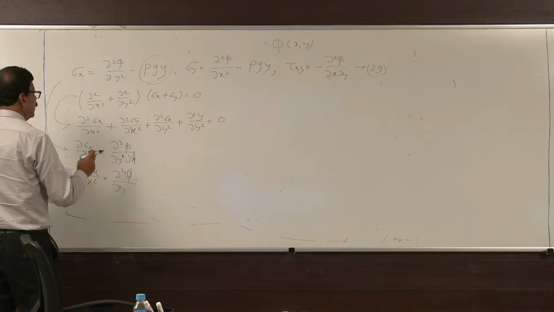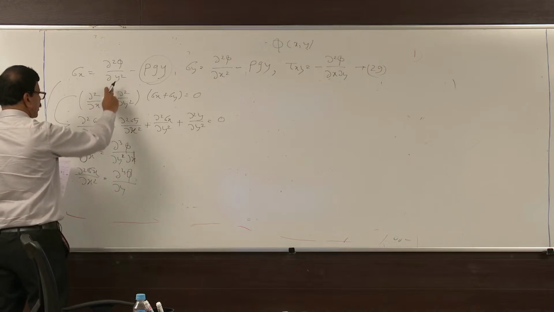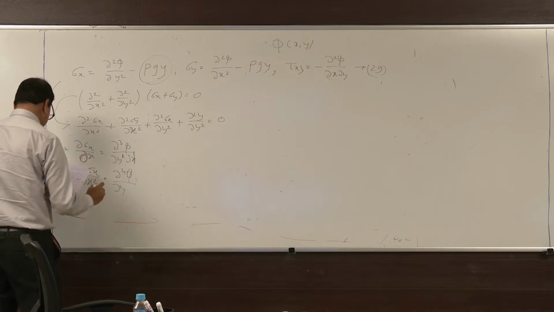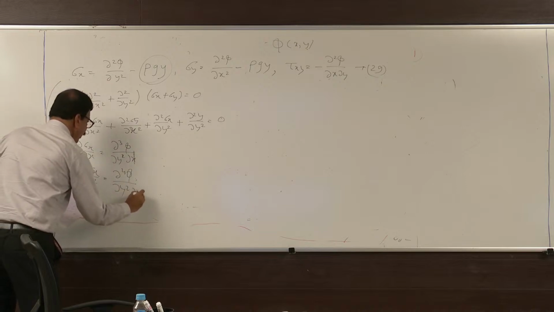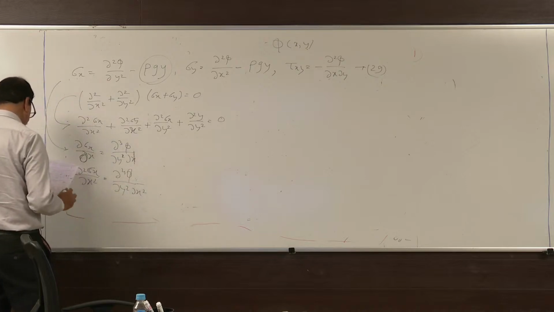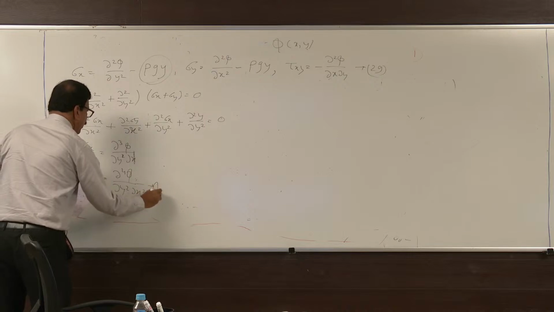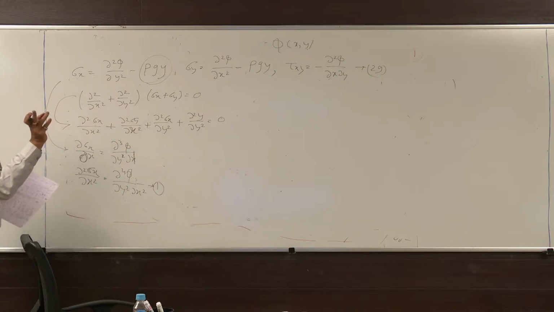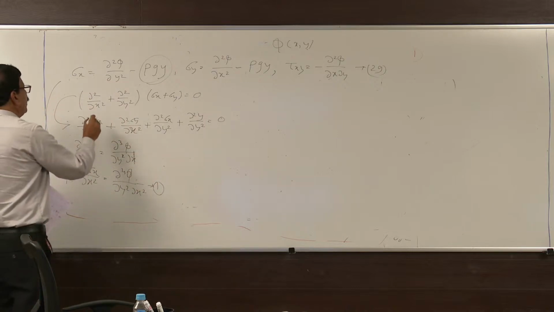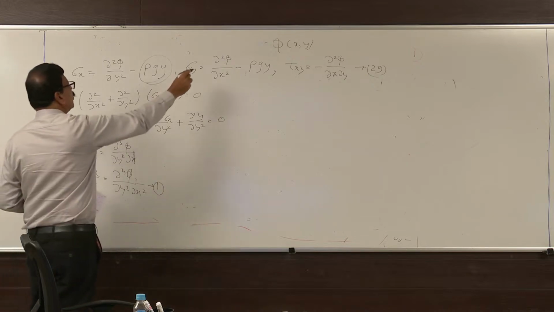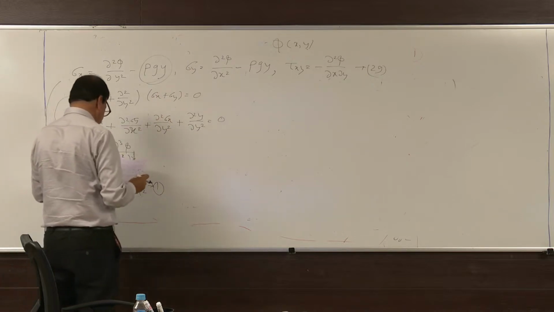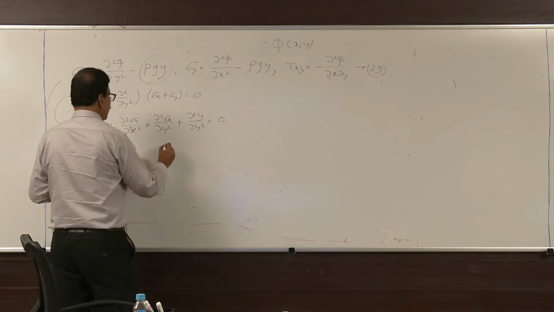This was del y square, del x square. This is 1. Same thing we did in the last equation. Now we need this one, so differentiate sigma y with respect to x.